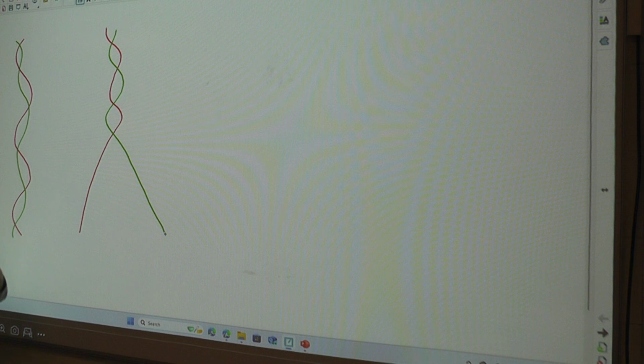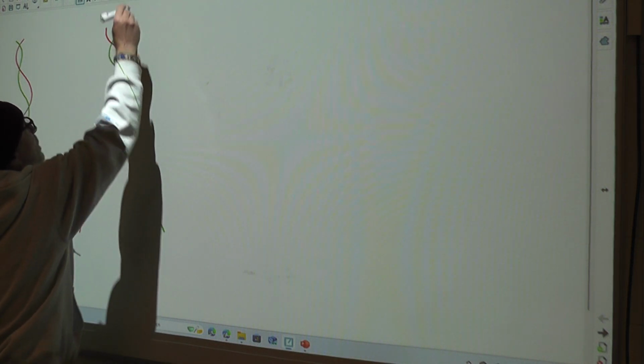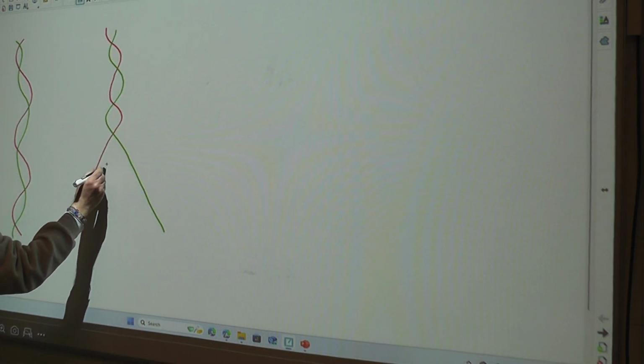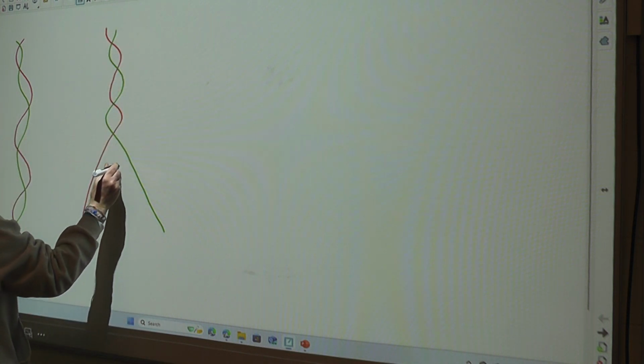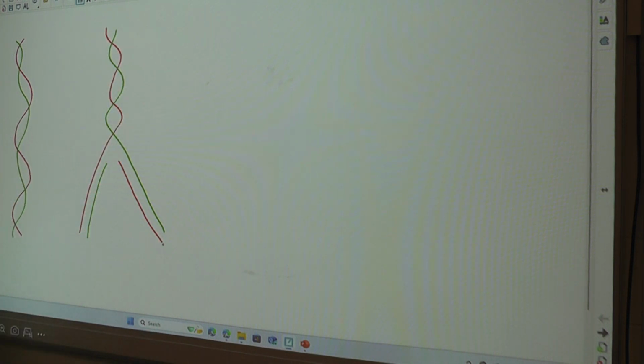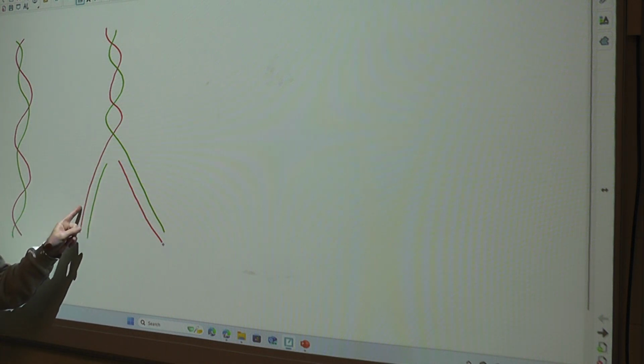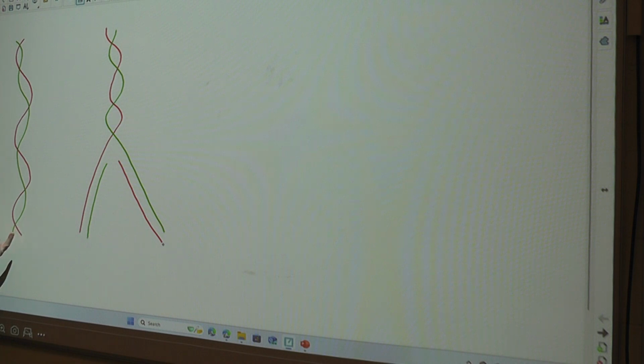And when DNA replicates, we build a new complementary strand here and a new complementary strand here. And ultimately, the whole thing pulls apart, and we get another complementary strand on each of our original parts of the first piece of double-stranded DNA.